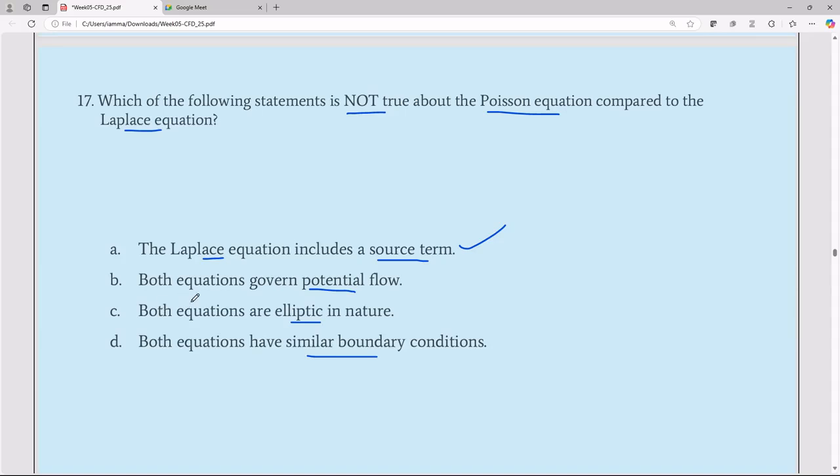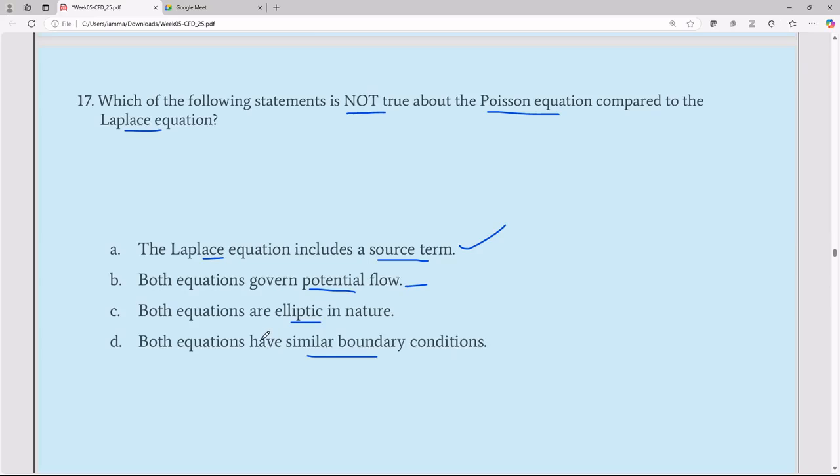If you see the other options, option B, both equations govern potential flow. That is a true statement. Option C, both equations are elliptic in nature. That's also true. Both Laplace and Poisson equations are elliptic type partial differential equations. Next option, both equations have similar boundary conditions.